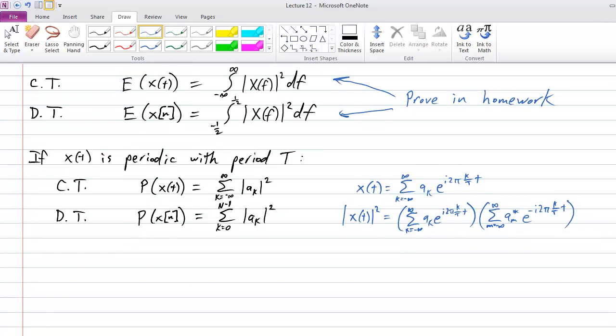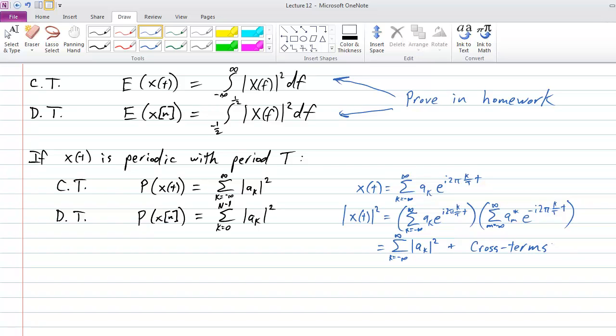Now, if you take the terms where k equals m first, then that's going to equal something like this: the sum, k equals negative infinity to infinity, of the magnitude of a_k squared. And then you take all the cross terms, so I'll say plus cross terms.